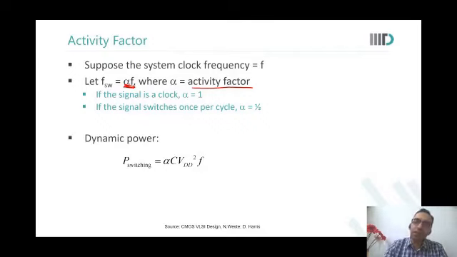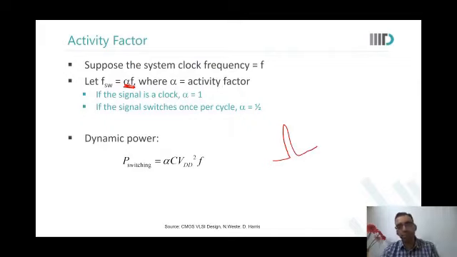If there is a signal which has a glitch, what would alpha be? So in one clock cycle, there's a glitch in every clock cycle.